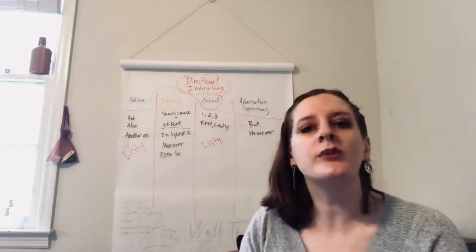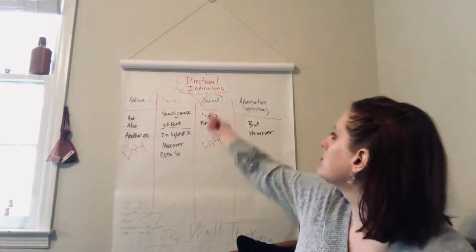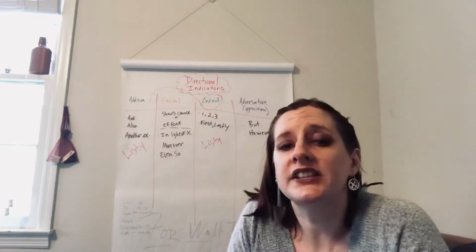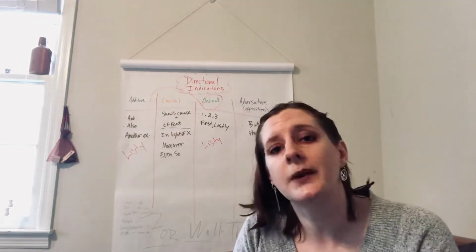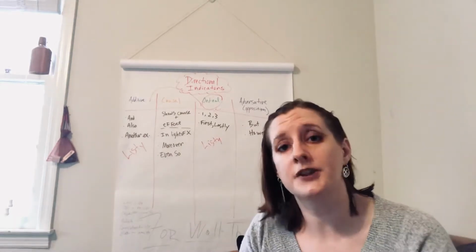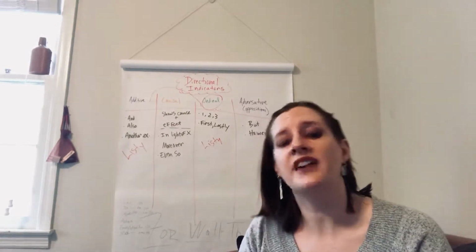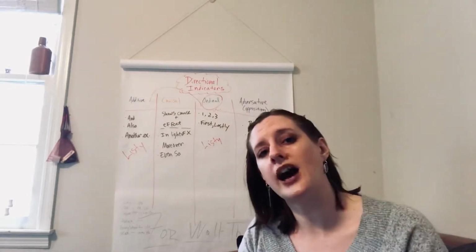So where would we want to use something like ordinal directional indicators? Great place to use them is thinking about the thesis paragraph. So in this paper, first I will blah, blah, blah. Next I will blah, blah, blah. And then finally I blah, blah, blah.